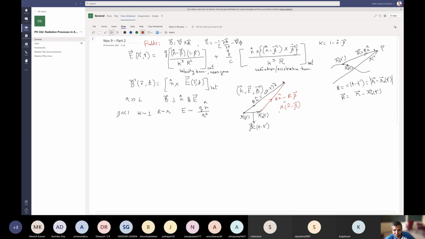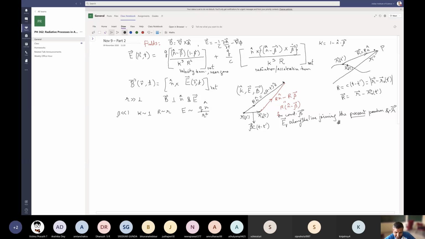is actually, for constant beta, right, the velocity field, the electric field due to the velocity term, is along the line joining the present position and R. You see the interesting thing?